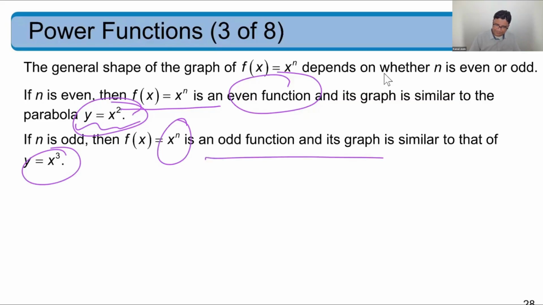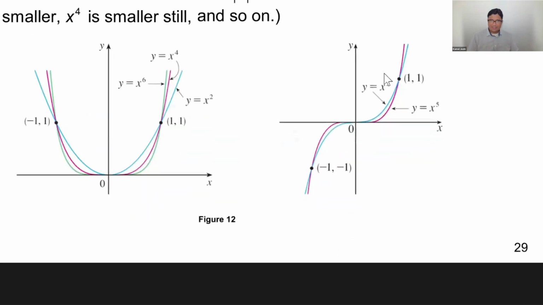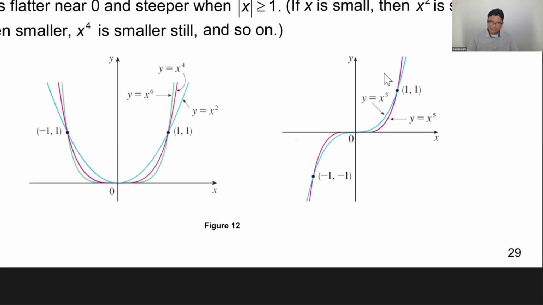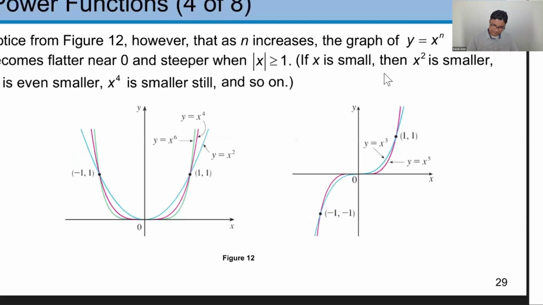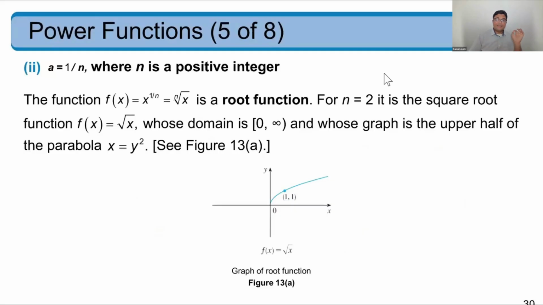Okay. And here is a condensed set of graphs in a single x and y axis for odd and even, and you can see the pattern. Okay, odd powers, even powers. Okay, that is about power functions with positive integer exponents.